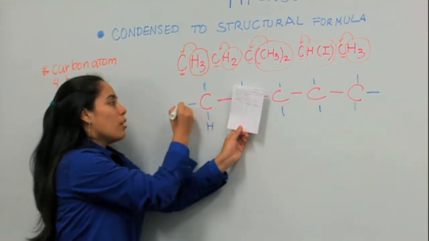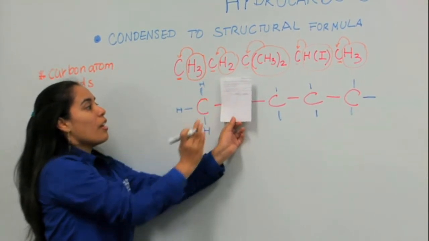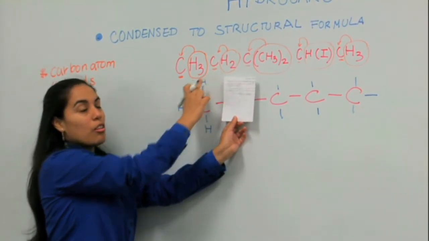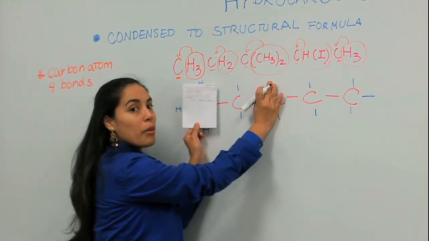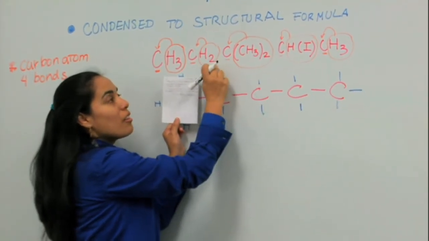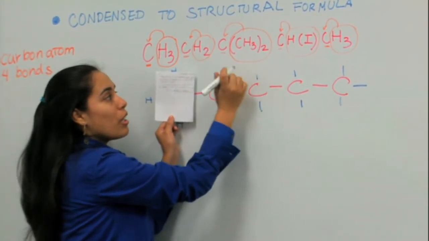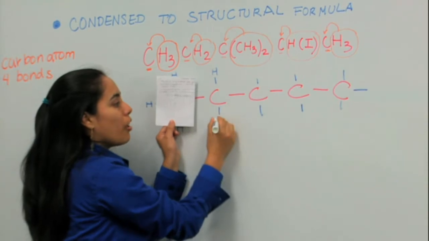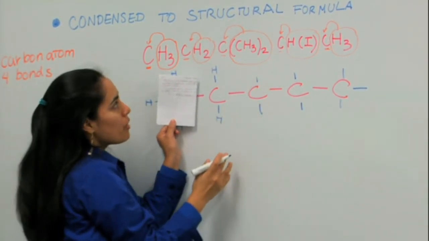So 1, 2, 3. And I have CH3 and CH3, so I'm okay. Now let's take a look at this carbon in the middle. It is representing this carbon here that has 2 hydrogens, right? So I need to put the 2 hydrogens here and here, because those 2 other sides are completely full. And I have CH2.